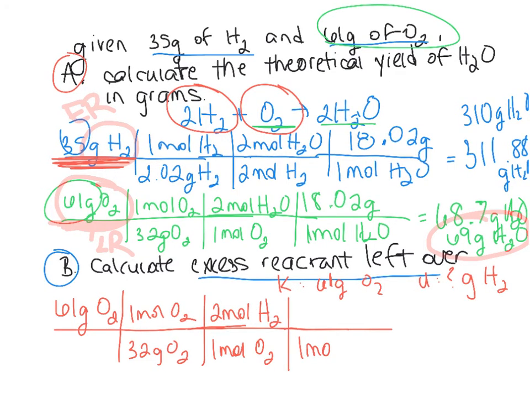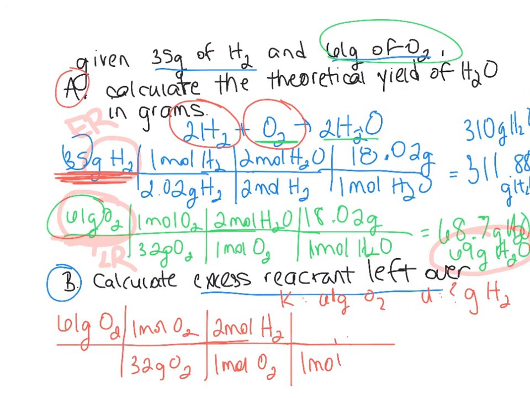So I have 1 mole of H2, 2.02 grams. So notice that you're solving it the exact same way as before. All we're doing is changing our unknown. We're changing our unknown to be some number of grams of what we have identified to be our excess reactant. Once you plug that in, you get 7.7 grams of H2 used.